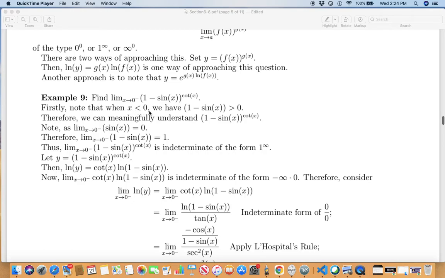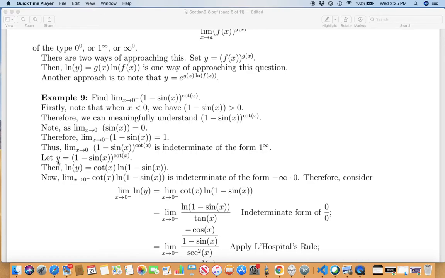When x is less than 0, you have 1 minus sine x greater than 0. Therefore, that power makes sense, okay? You don't take power of a negative number. Those are difficult to work with. You need to go to the complex world. Anyhow, as x approaches 0 from the left, sine x is 0. So 1 minus sine x, limit as x approaches 0 from the left, is 1.